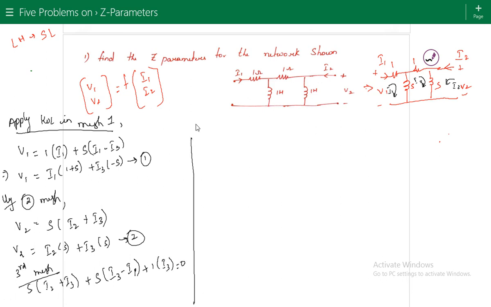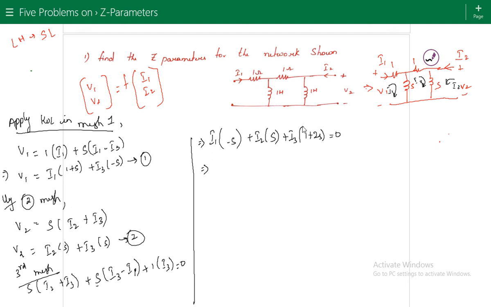If I simplify this equation further, I1 into minus S, plus I2 into S, plus I3 into (S plus 1), so 1 plus 2S, equals 0.